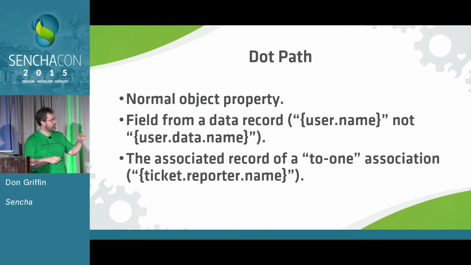But more importantly, it also understands associations. So reporter here is a one-to-many. There can be many tickets that you report, but a ticket only has one reporter, and so we can traverse that, and the ticket.reporter part of the dot path will become a record, and then the name field of that record is what you're going to get.